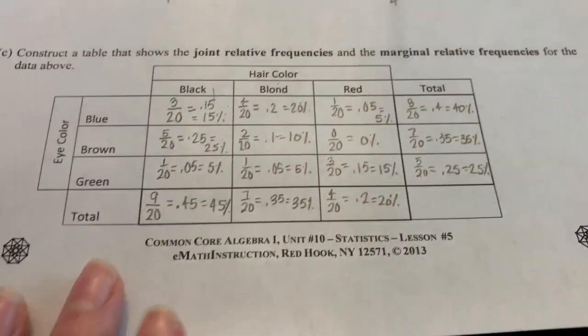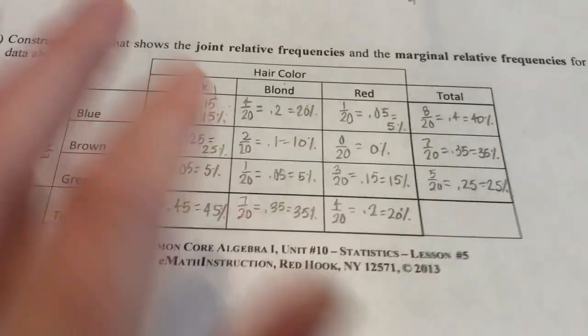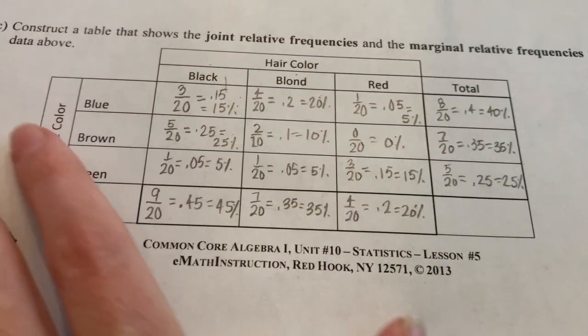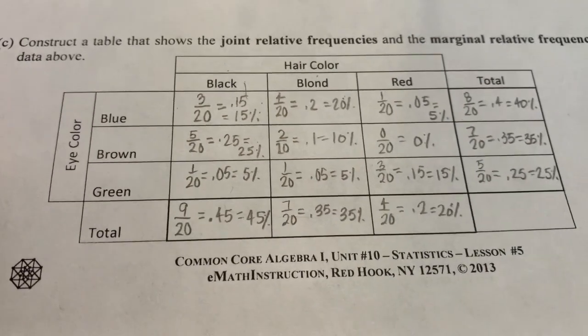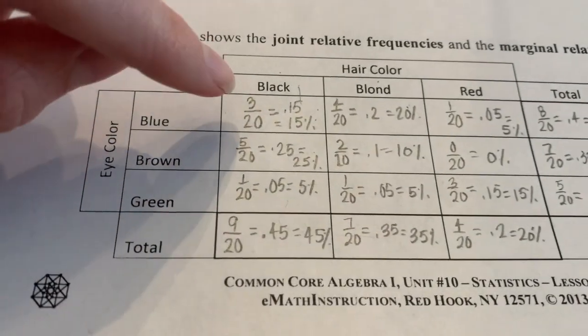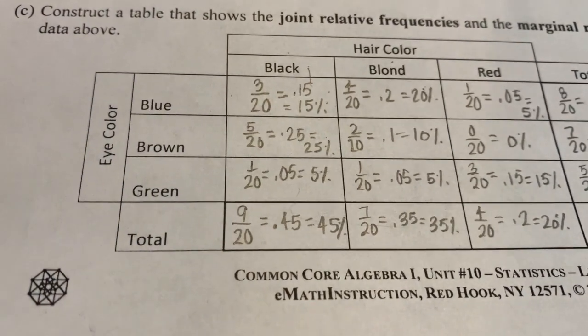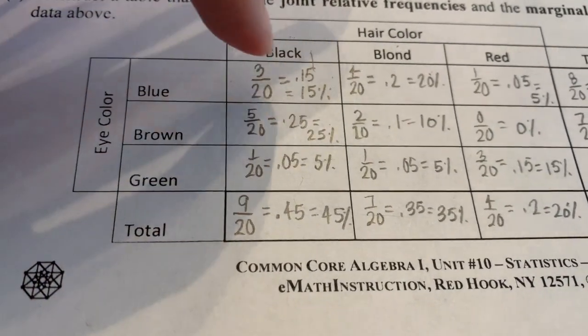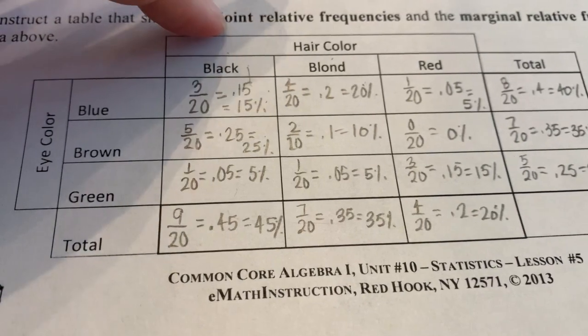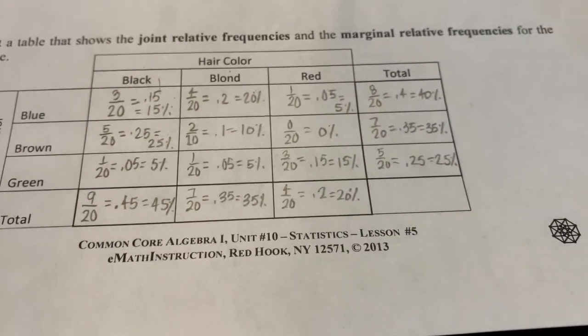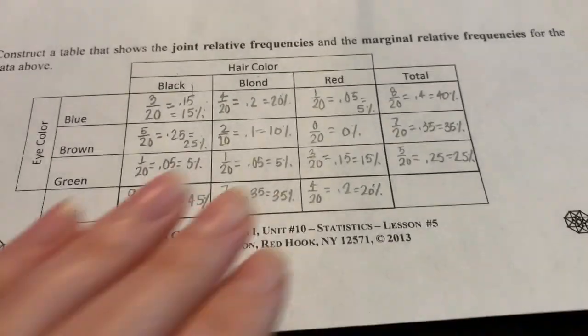So the totals are showing for the whole class, then these on the inside are relative to what it is we're looking at. So it depends on which way you're looking at it. So this way we're looking at 15% of kids who have black hair have blue eyes. Or you can think of it as 15% of kids who have blue eyes have black hair, okay? So that's why it's called relative frequencies.